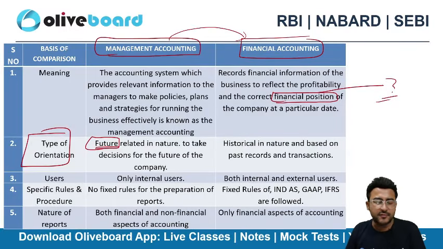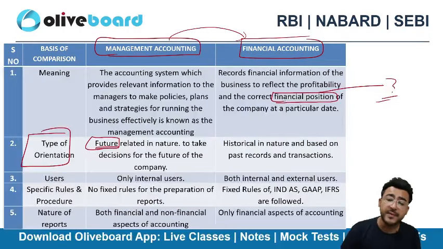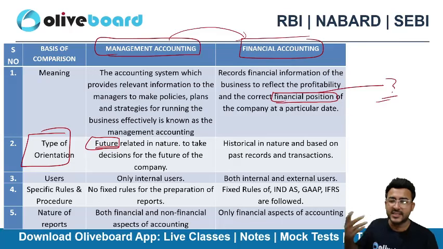In financial accounting, we are just concerned with historical data. You have bought a building for 1 lakh rupees, let's suppose. That's historical data. That's financial accounting data. What might be the value of this building after 5 years? That's a strategic decision, management accounting.